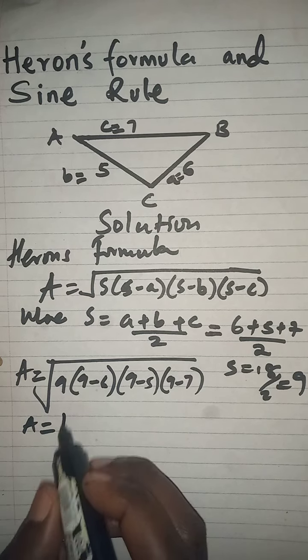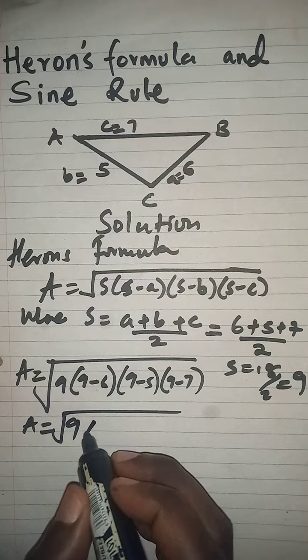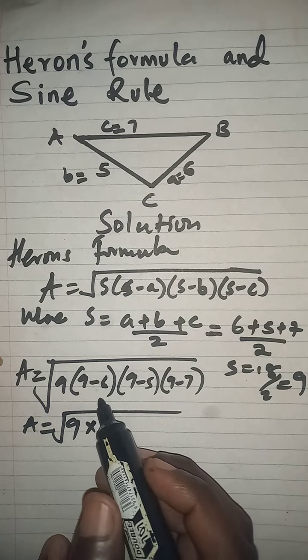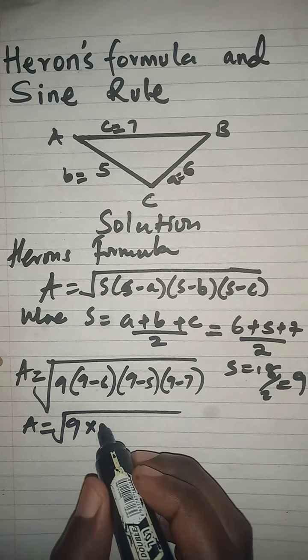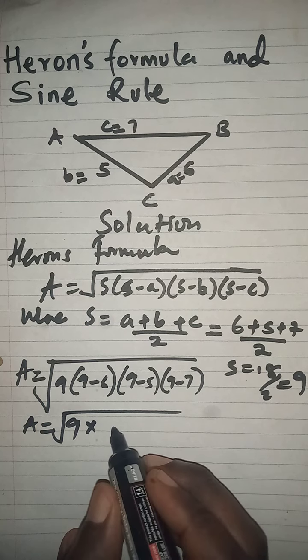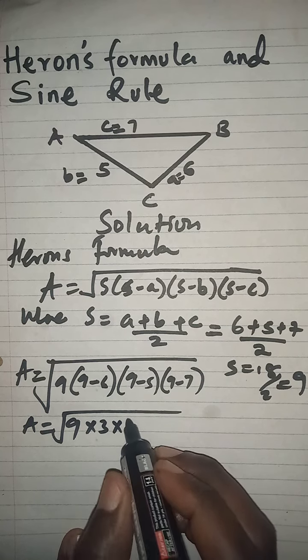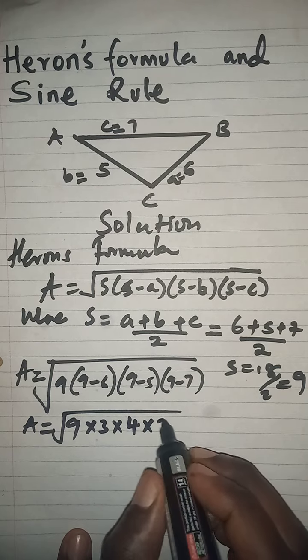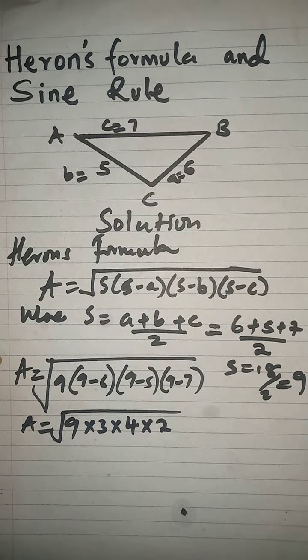Well, I know that I'm going to get 9, and if I open the bracket, that means I'm going to multiply by 3, then by 4, then by 2.